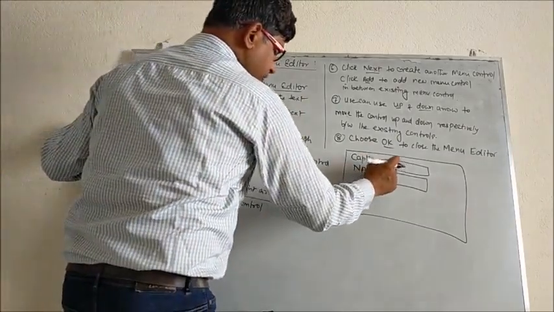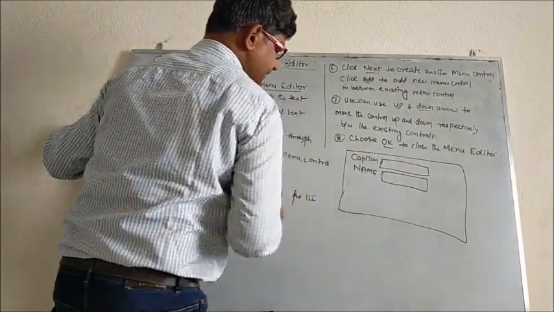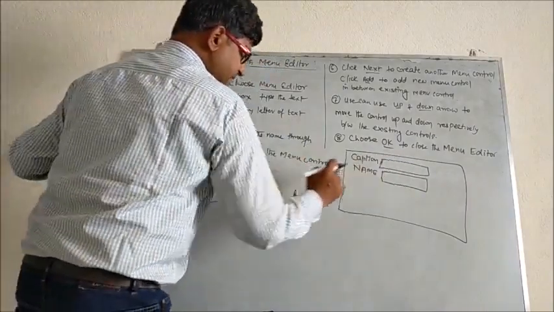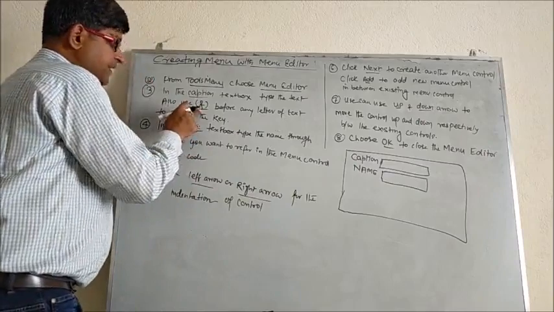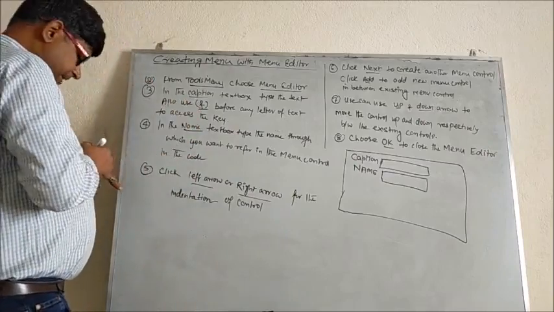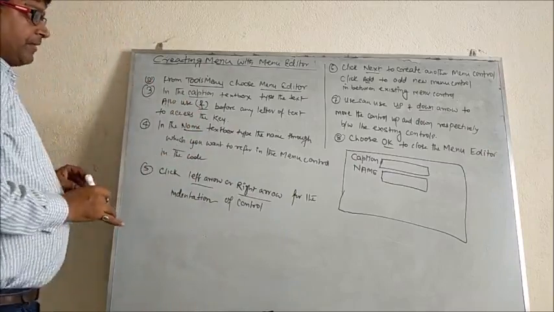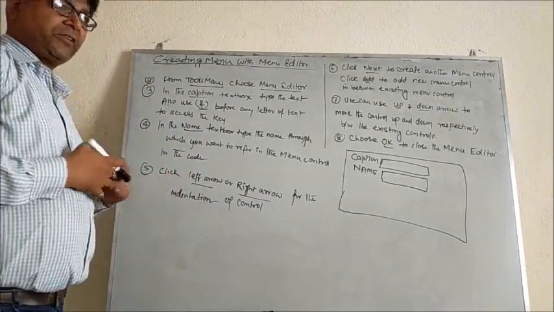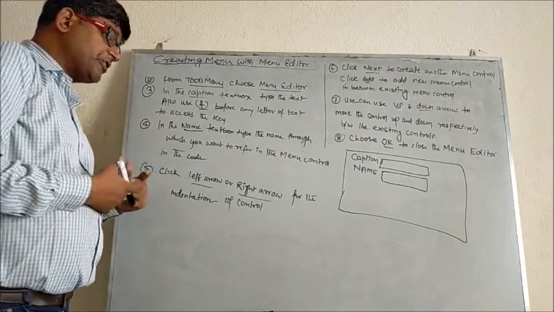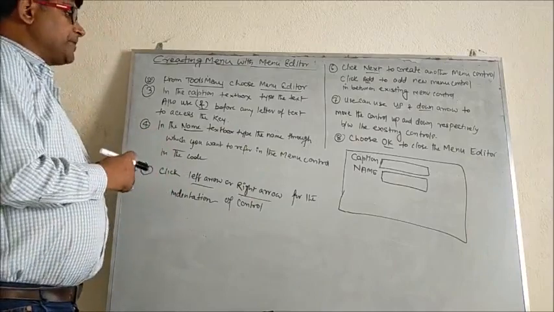Here the programmer can type any text, and if you want to use an ampersand, see, using an ampersand is not at all mandatory. In the last video also I told you, it's up to the programmer whether he or she wants to use an ampersand or not.